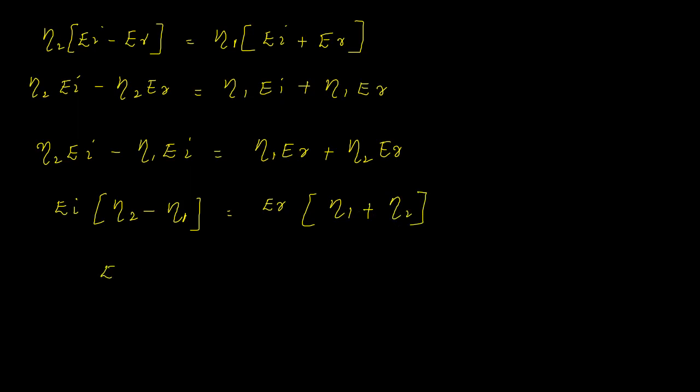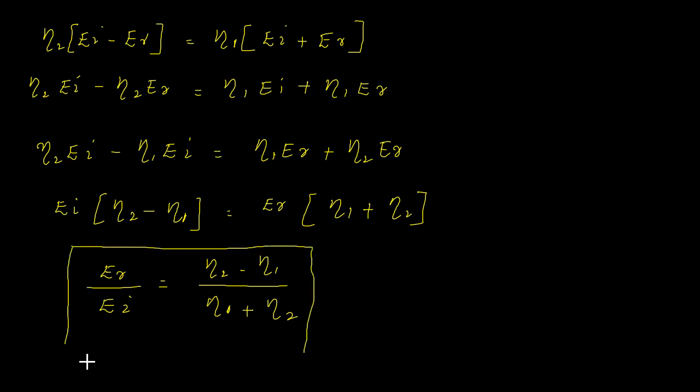If you take the ratio of ER, the reflected, to EI, the incident, it is eta 2 minus eta 1 upon eta 1 plus eta 2. So this is called the reflection coefficient.